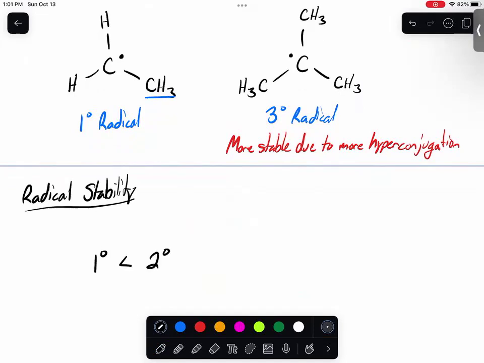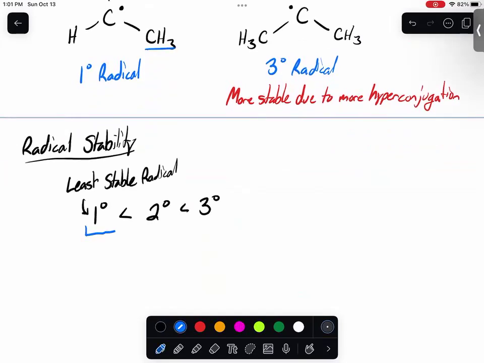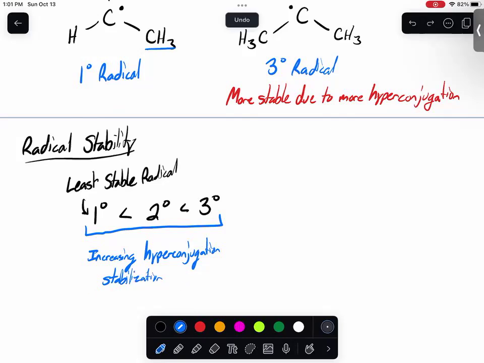We would say that these primaries are the least stable radical. But then tertiaries are better than secondaries. And all of this is because each of these has increasing hyperconjugation stabilization. All right? Whoops, that's supposed to be an arrow.